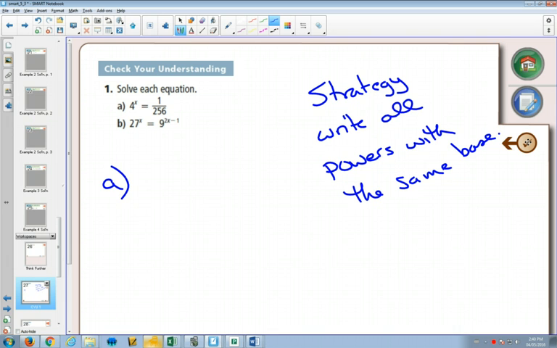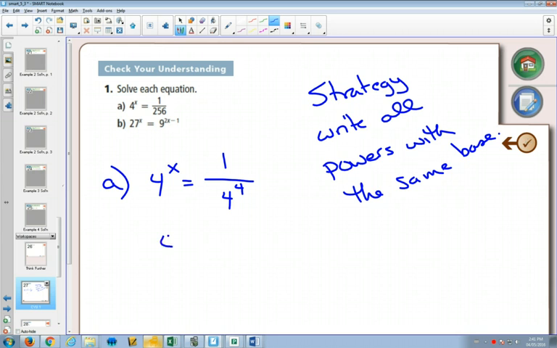Which column has both 4 and 256? 4 has it, right? Because you can write 256 as 4 to the power 4. Now, we haven't quite written both sides with the same base because the one on the right is 1 over 4 to the 4.